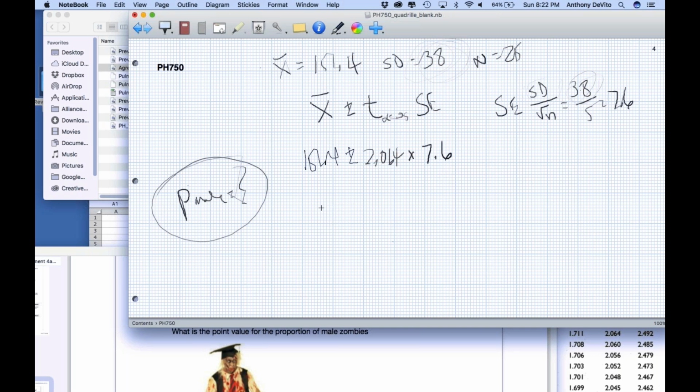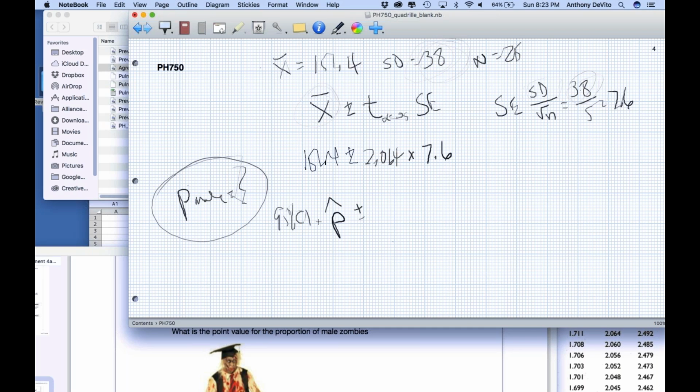So instead, we're going to calculate a confidence interval, a 95% confidence interval in this case. My point value for a numerical variable was x bar. My point value for a proportion is p cap.